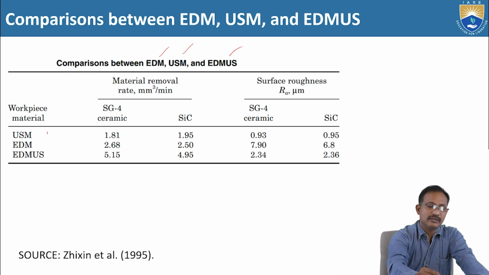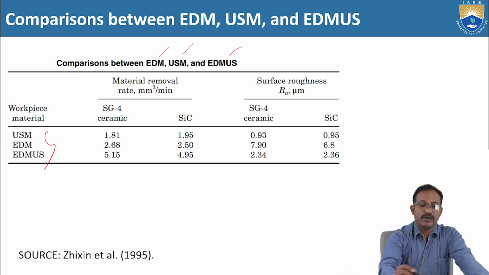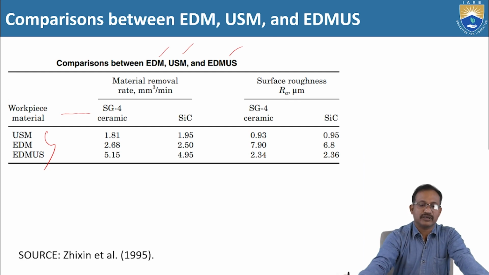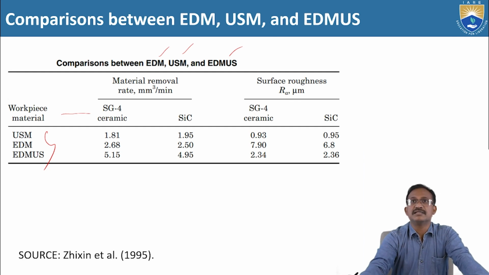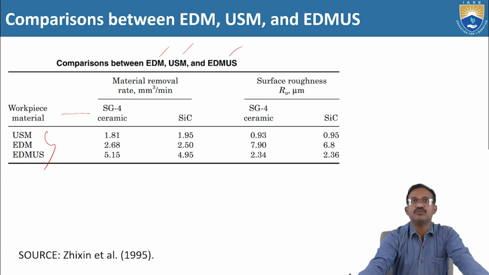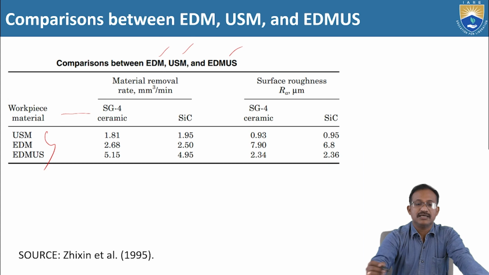Now here we have three: USM, EDM and EDMUS, and two workpiece materials, SG4 ceramic and SiC, under different categories like material removal rate and surface roughness.